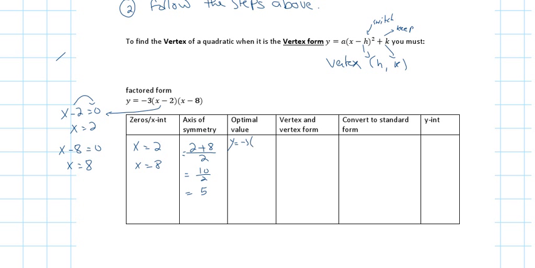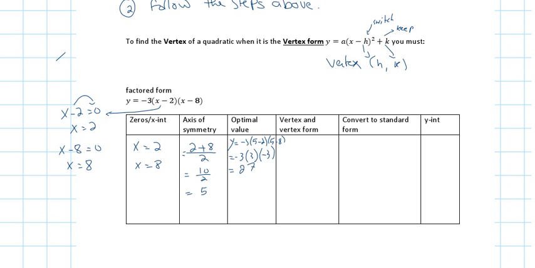So that's going to be negative 3 times 3 times negative 3, which is going to be 27. So do I know my vertex now? What's my vertex? (5, 27).